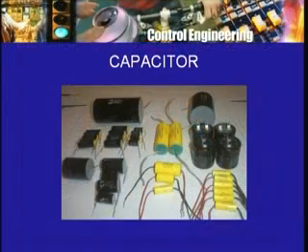Now what about the third component, the capacitor? Like the resistor and the inductor, capacitors also come in various types, sizes, shapes, and capacitance values. Here are a few of them. What is a useful model for a capacitor?